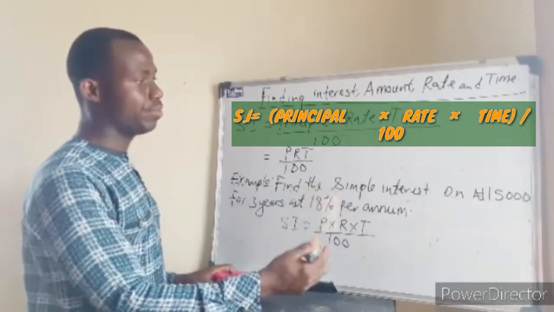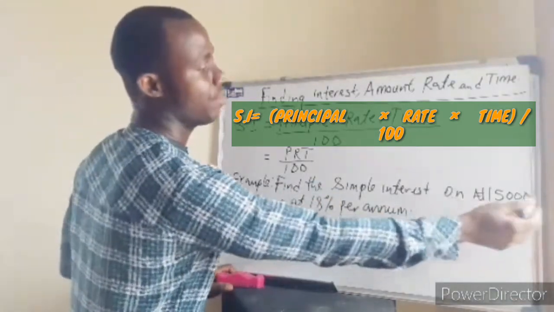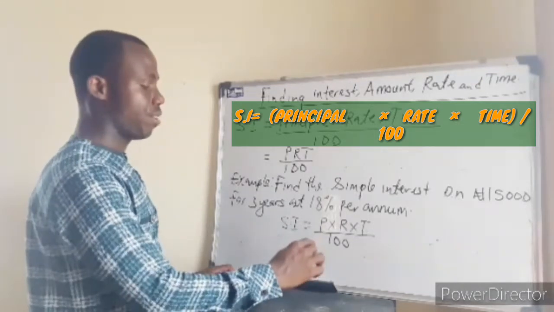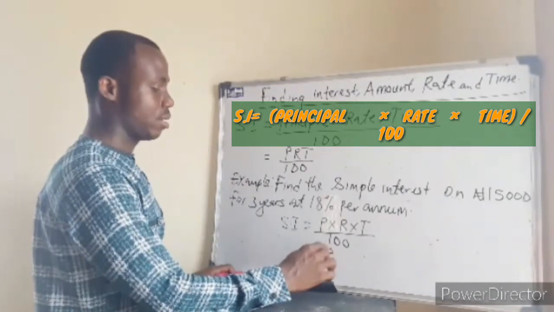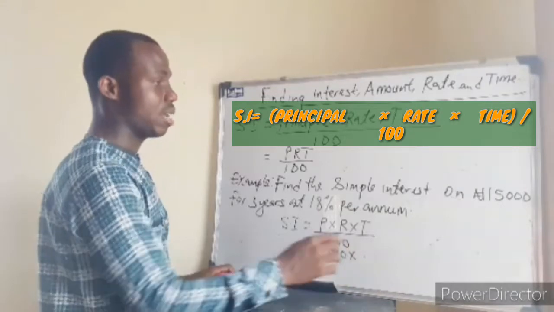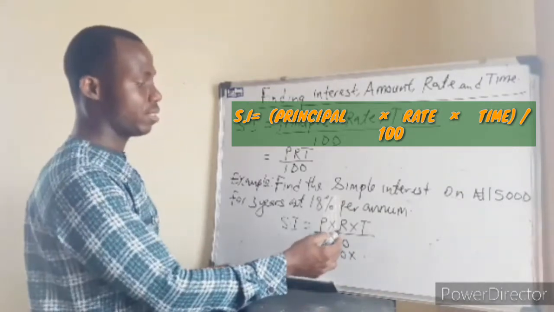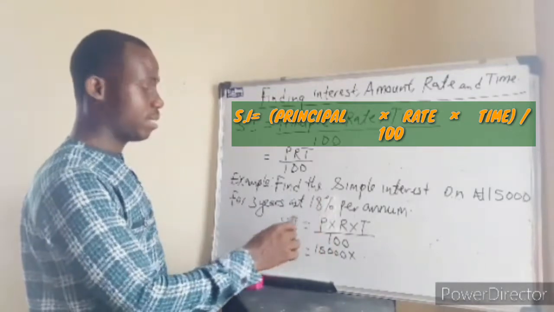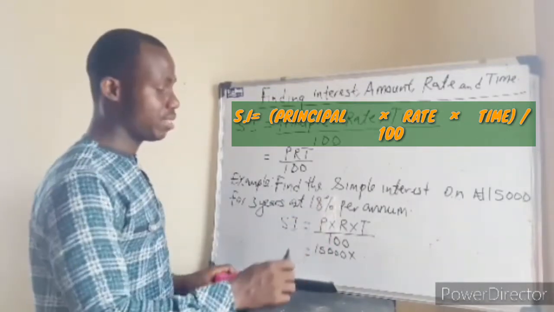So in this question, our principal is 15,000. So this is now equal to 15,000 times rate. Rate is always in percent, so there is only one number with percent, and that is 18%.